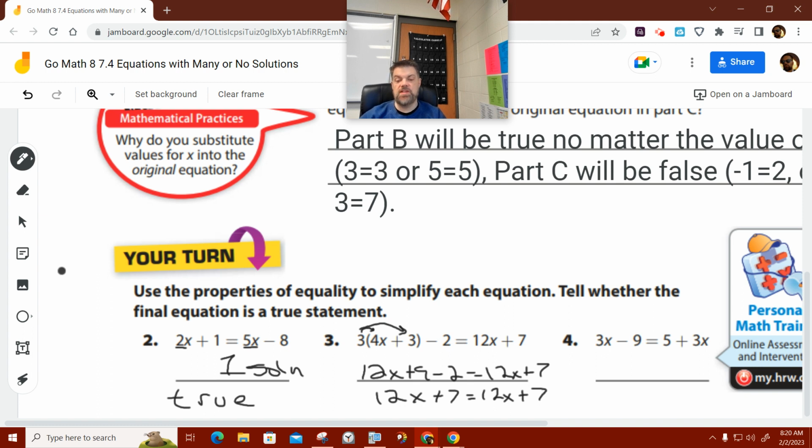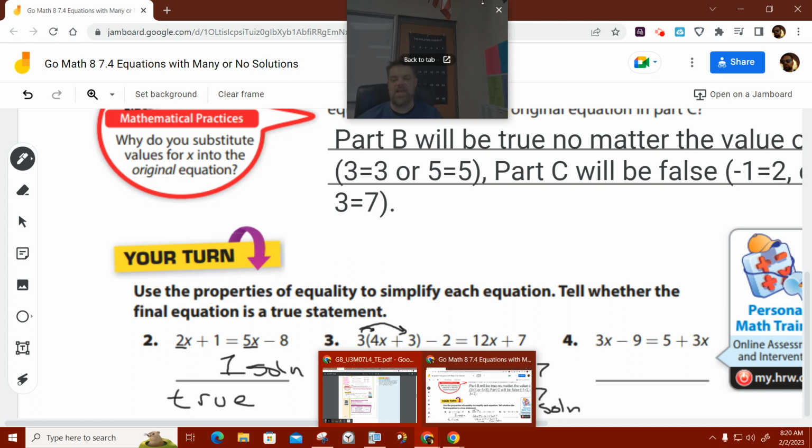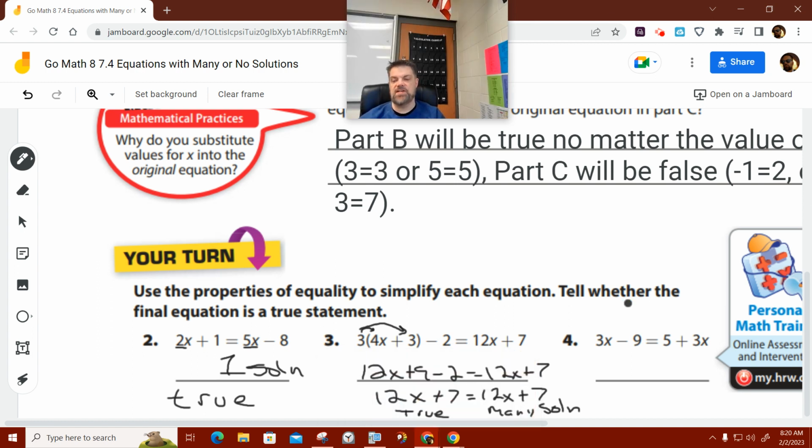That will always be true. So how many solutions will that have? We're just going to say infinitely many solutions. And when I write down SOLN, that's my little shorthand for solutions.